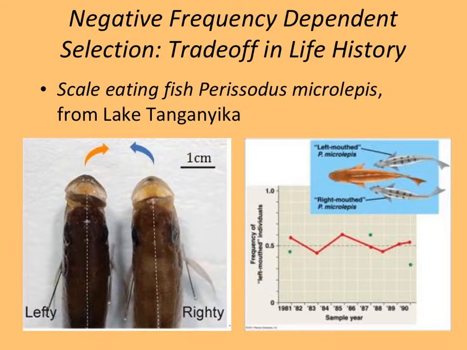Okay. Now, negative frequency dependent selection is different. It means that individuals that are rare are at an advantage. Now, this is pretty cool.